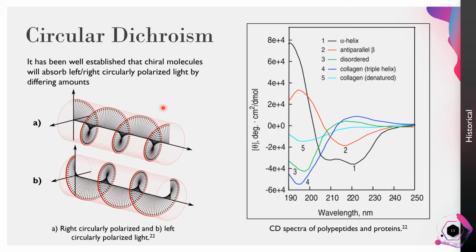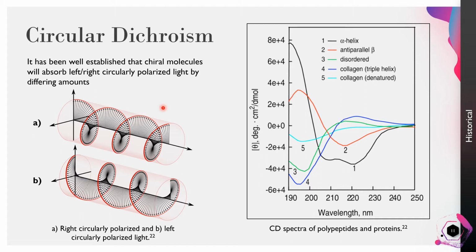But another interesting interaction now, so if CISS is an interaction between electrons and chiral molecules, then this is kind of the asymmetric interaction of photons with chiral molecules. We can see this showing up in circular dichroism, where it's been established that chiral molecules will absorb left and right circularly polarized light by differing amounts.